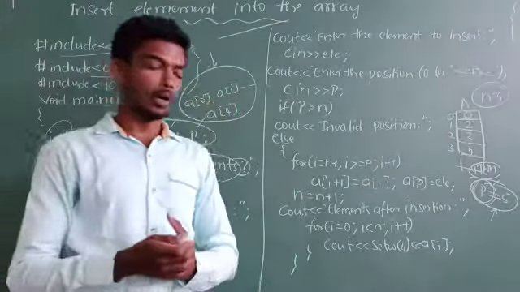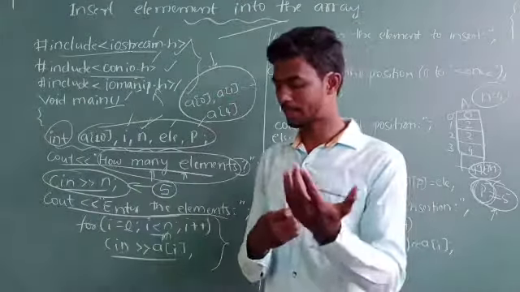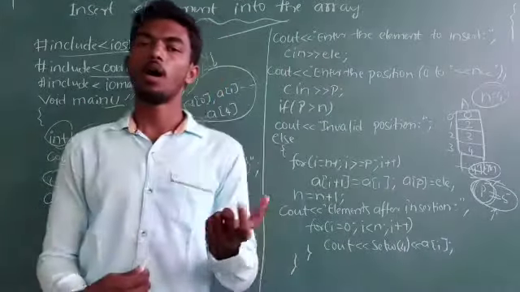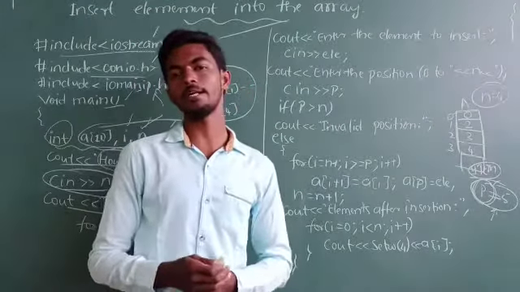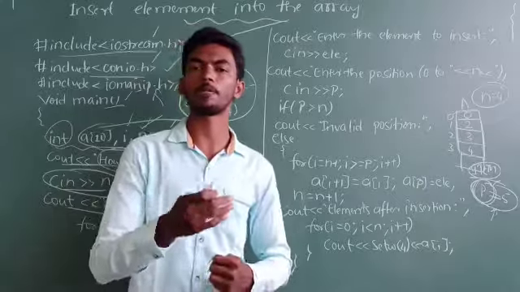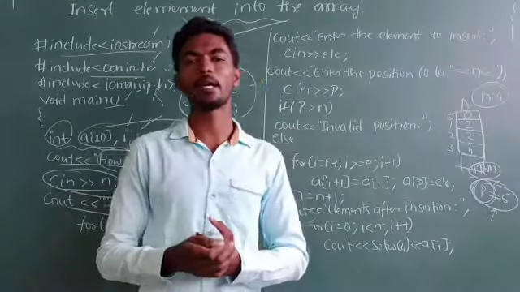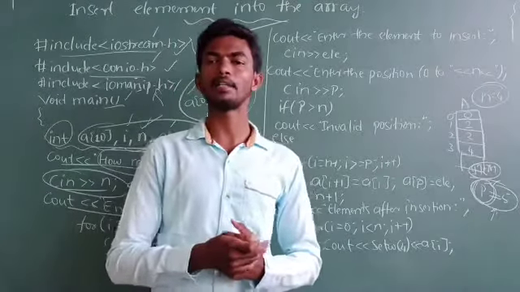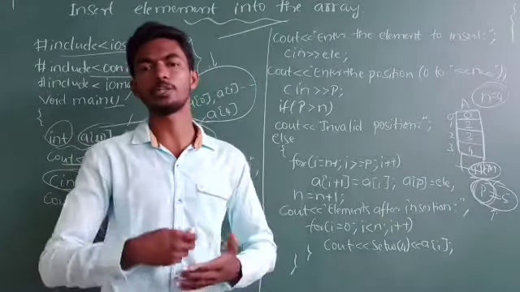Now we have accepted the number of elements and created an array. Our task now is to enter an element into the array at a particular position. For that reason, we need to accept the element which is to be inserted and the position where it is to be inserted. These two we need to accept.